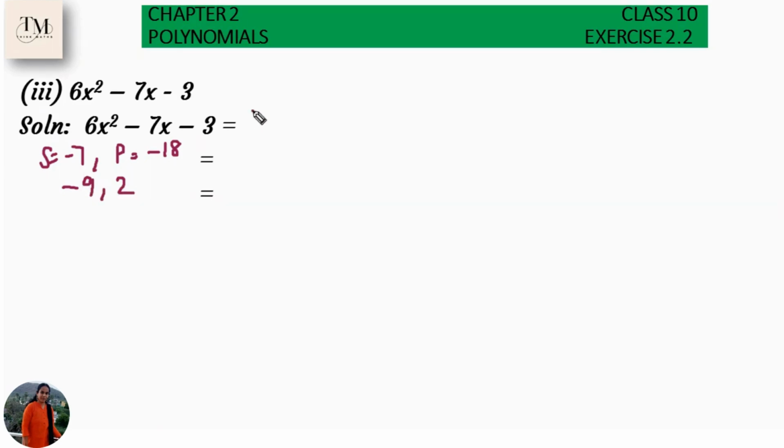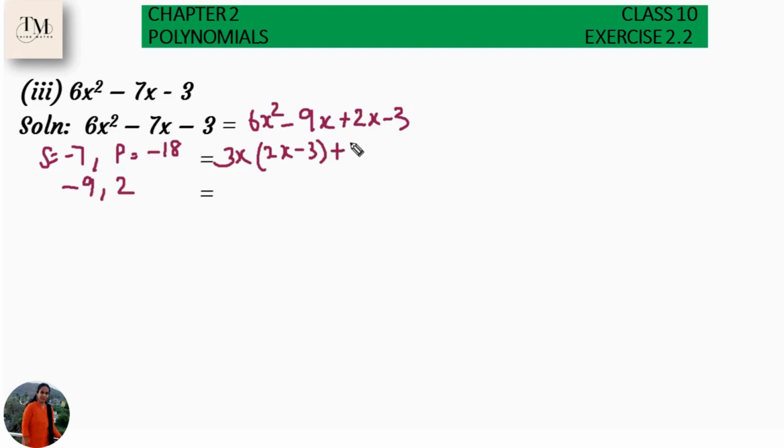So this can be written as 6x square minus 9x plus 2x minus 3. So here 3 is the multiple. So I can take 3x outside. So there will be 2x minus 3.